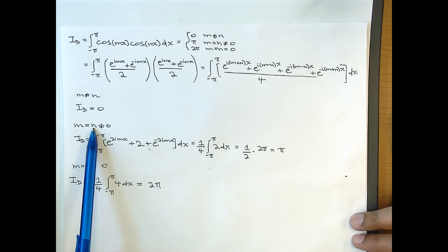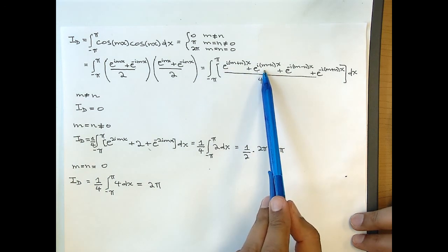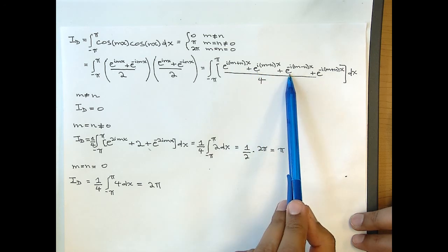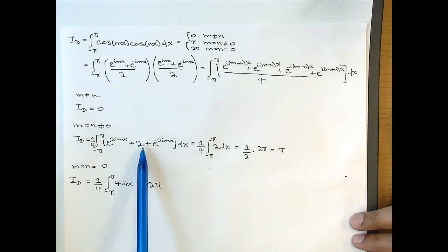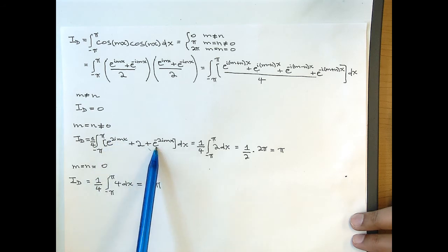For m equals n, this term will give us 1, and this term will also give us 1. So that's 1 plus 1, which gives us the 2 here, and these two terms will become e to the 2i mx and e to the minus 2i mx.